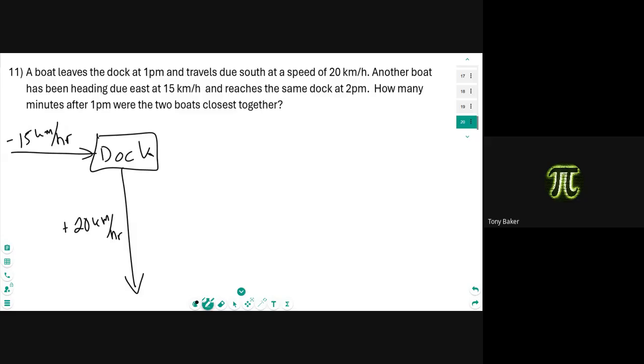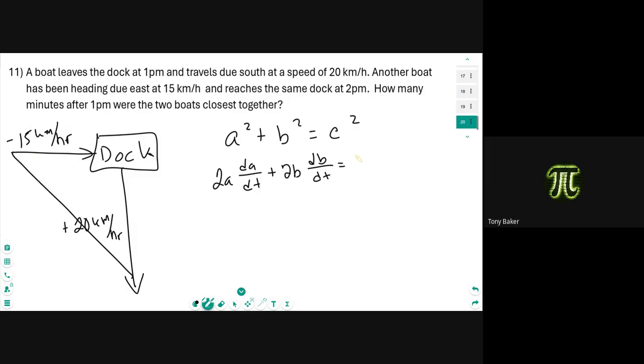What are we looking for? We're looking for the closest, right? So in essence, we're minimizing the hypotenuse, right? So we're using the Pythagorean theorem. So we have a squared plus b squared equals c squared. So we have 2a da over dt plus 2b db over dt equals 2c dc over dt.